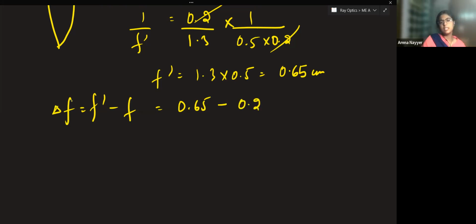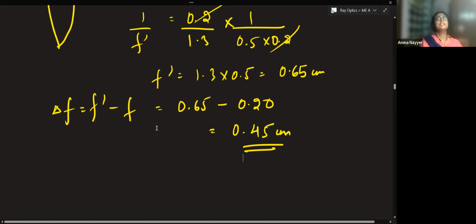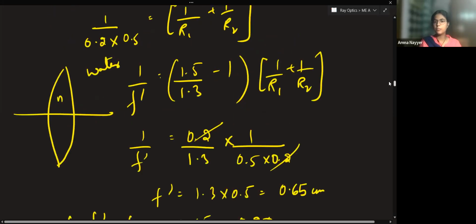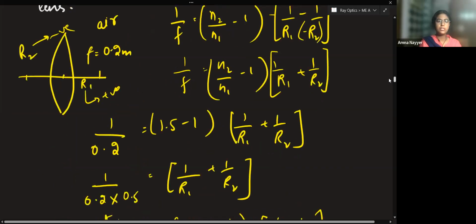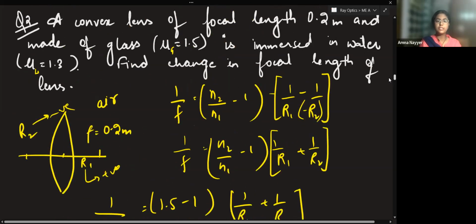So this is your answer, 0.20. So you can write it as 0.4 centimeters. This is the final change in the focal length. This only asked us to calculate the change in the focal length that has arisen. Fine, so note down this numerical as well. I'll stop here, then we can proceed with the reflection test.